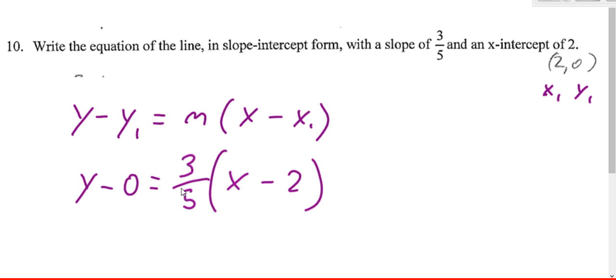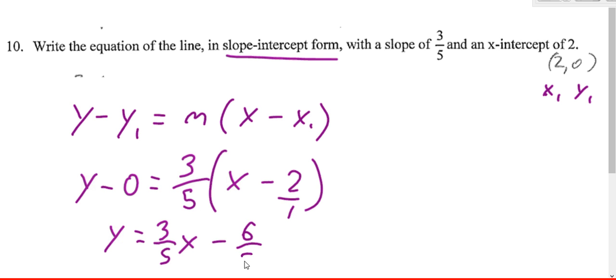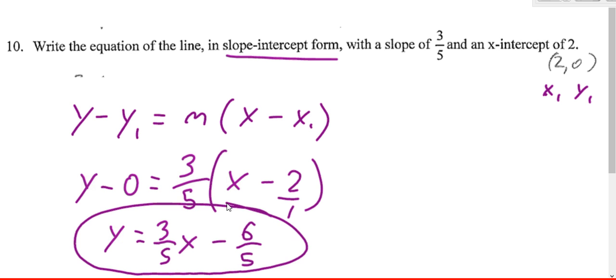And then just do the algebra to rearrange it in slope-intercept form. Y minus 0 is already y equals. We just have to distribute 3/5 x minus 2 times 3/5. You multiply top times top, bottom times bottom, and that gives the slope-intercept form.